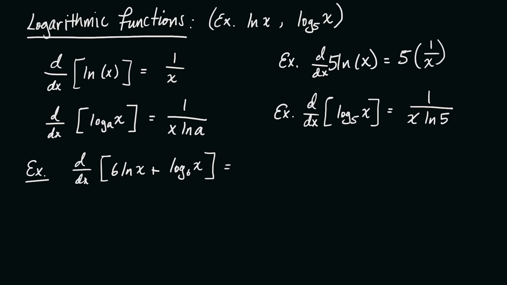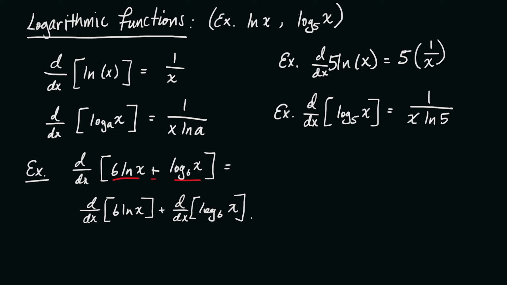Hopefully you just pause the video there and try to solve it for yourself. Now let's get right into it. We can see that they're separated by an addition symbol, so we can use the sum rule. So we have two terms here, and we're going to take the derivative of each of these individual terms. So the derivative of 6 ln x plus the derivative of log base 6 of x.